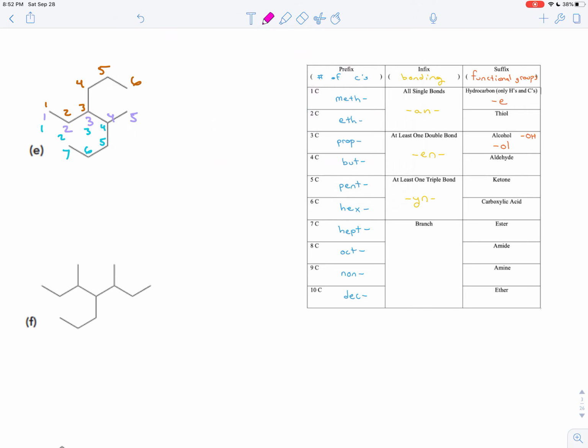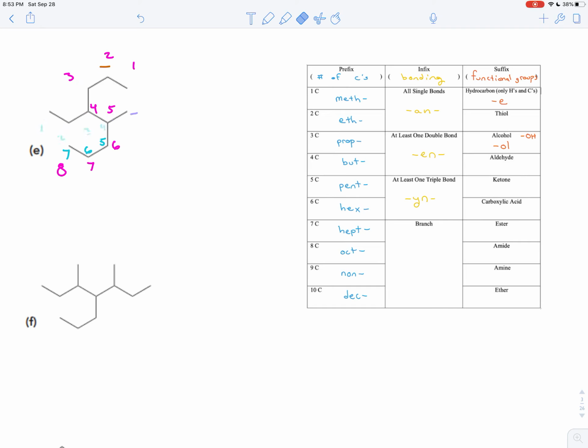Let's try this hot pink. Let's see. If we start at the top, 1, 2, 3, 4, 5, 6, 7, 8. So notice that the pink is the longest path here. So I'm going to erase all those shorter ones. The brown one, which only went to 6. The purple one, which only went to 5.